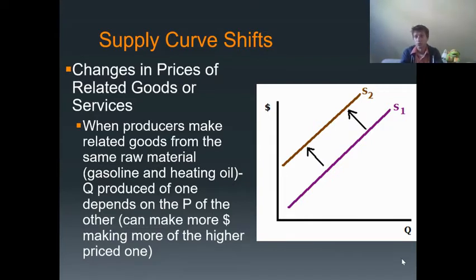It's not about whether you use it in place of another. It's whether you can produce it in place of another. So it's making materials from the same raw goods. Gasoline and heating oil is one of them. We'll go through a few more examples. But the idea is that the quantity produced of one really depends on the quantity produced and the price of the other.